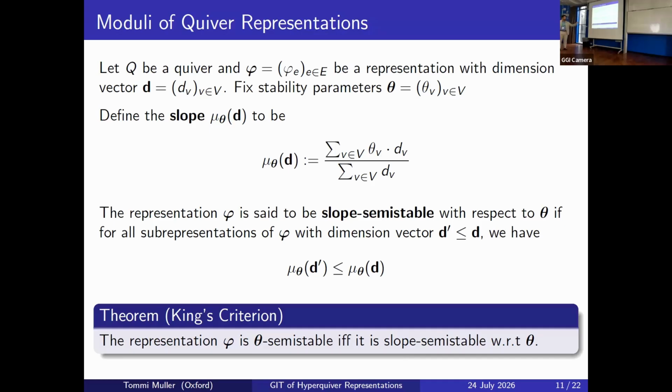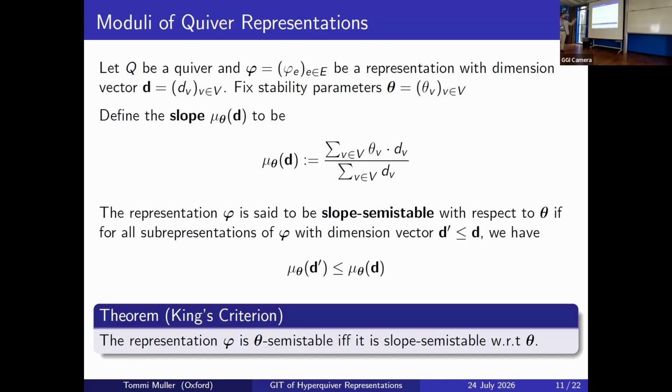So this is how the Hilbert-Mumford criterion works here. But this definition seems to suggest that if you have two different representations with the same dimension vector and the same stability parameter, then one will be semi-stable if and only if the other is. It seems to depend only on d and theta.